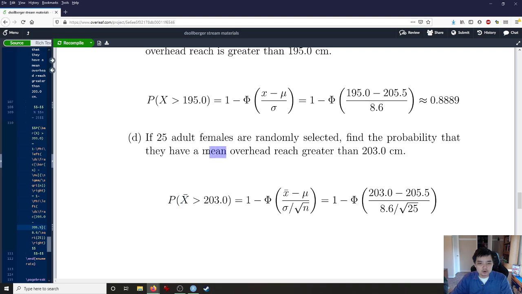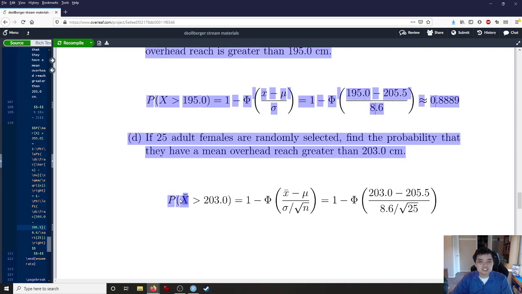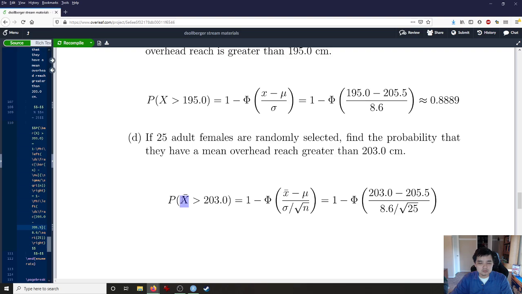So here the word mean is expressed by this x bar. Greater than 203 centimeters is expressed by this inequality.